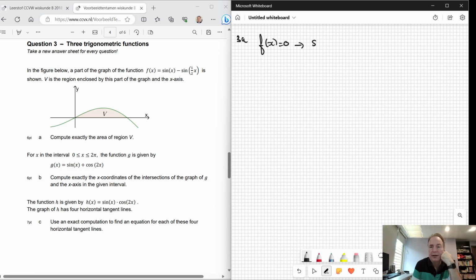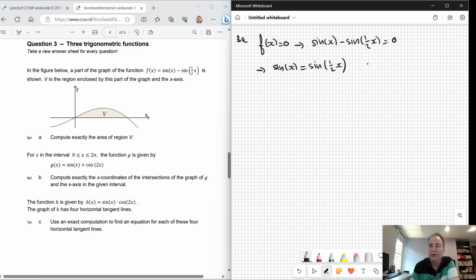That means that the sine of x minus sine of 1/2 x equals to 0. Or the sine of x equals the sine of 1/2 x. This kind of equation occurs a lot in these exams, so you have to be familiar with this.